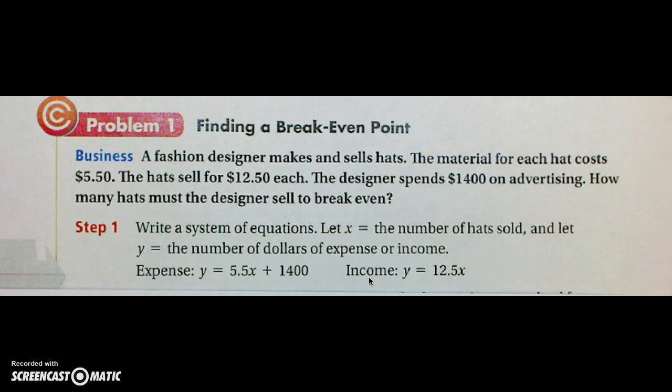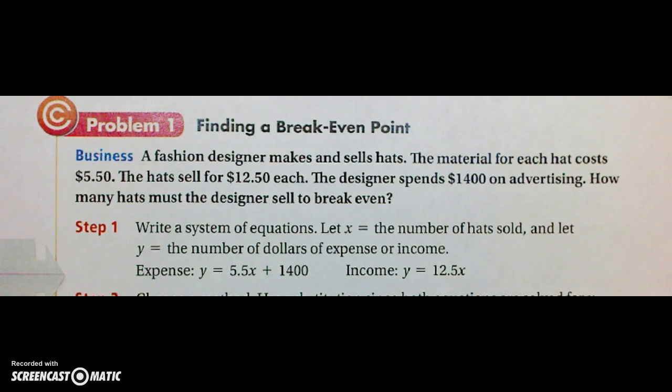Income, here's our money coming in: we make $12.50 per hat. You can see the number of hats sold is in each one, and y for expense and income is the amount of dollars.